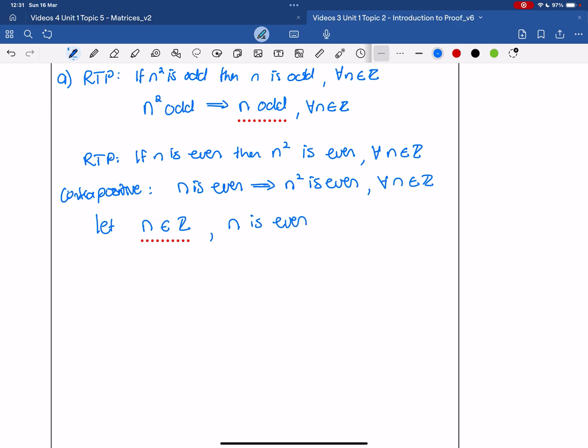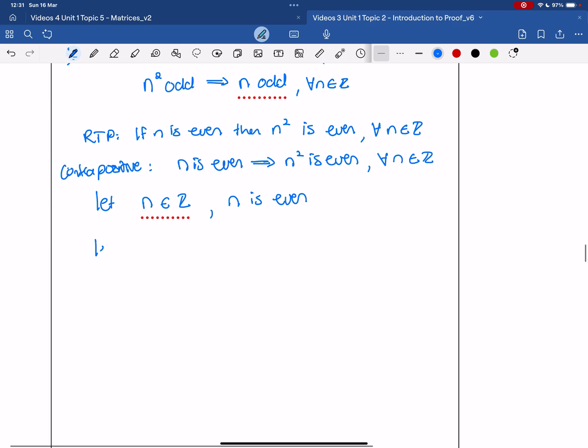So we know that if n is even, it must be a multiple of 2. So then what we're going to need to do is say, well, let's let n equal 2k, where k is an integer.